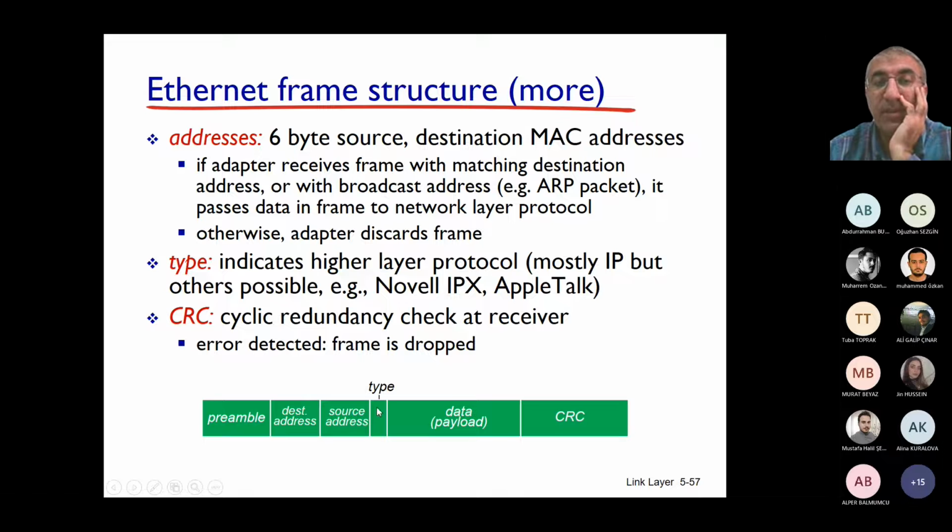The type field indicates the higher layer protocol. Of course, the most popular one is the IP protocol. In the past, we had Novell IPX and AppleTalk and so on. The CRC field is used for error detection. If an error is detected, the frame is dropped.